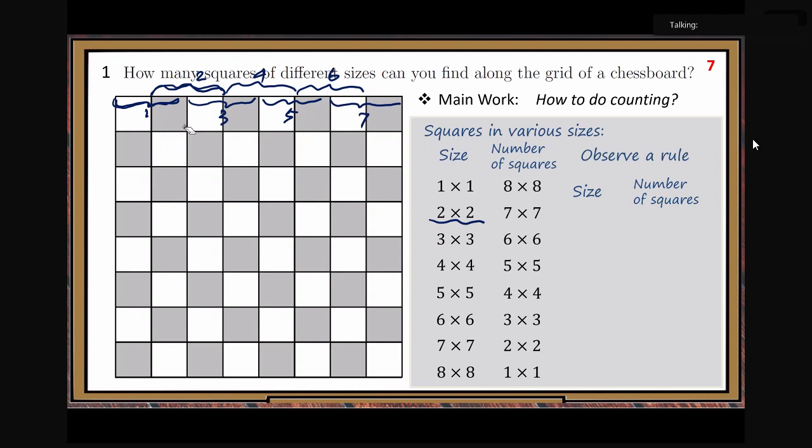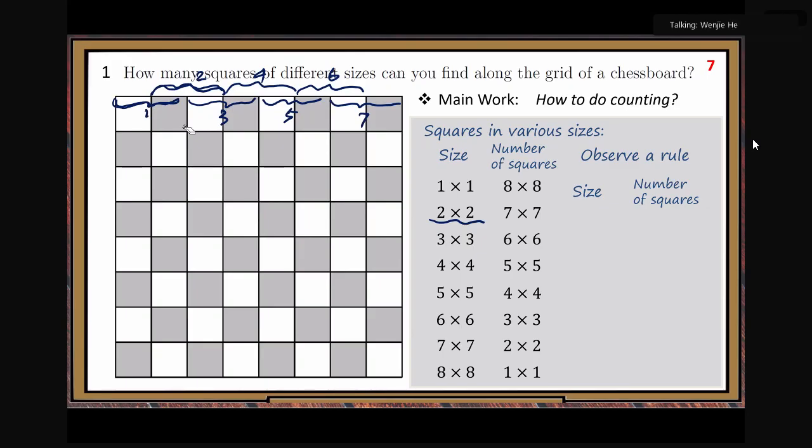Because you use induction to help you, by induction you do not really need to count explicitly every time. You can save a lot of work by induction. So here, what is that rule?